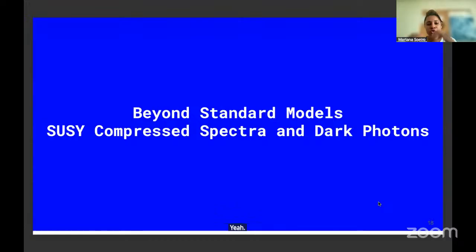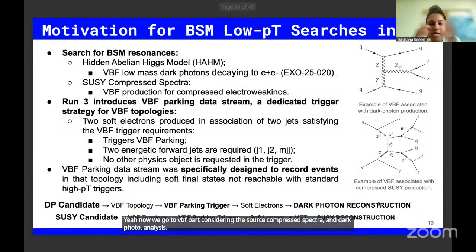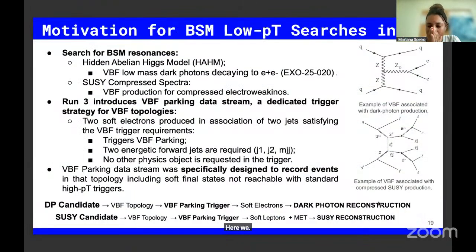Now we go to the VBF part, considering the SUSY compressed spectra and dark photon analysis. Here we have two different models. For the dark photon part, we have a note being written at the moment, ISO 25020.